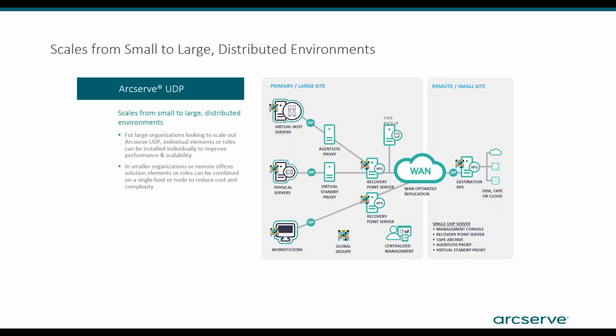You could hang tape devices off of it. You could back up your physical machines, your virtual machines to that server, your workstations to that server. We will handle dedupe at a global level, so we're doing global level inline deduplication as part of that process. And then if you have remote sites, again, we can put another recovery point server, another appliance at that site, and replicate the data back over to your main site.